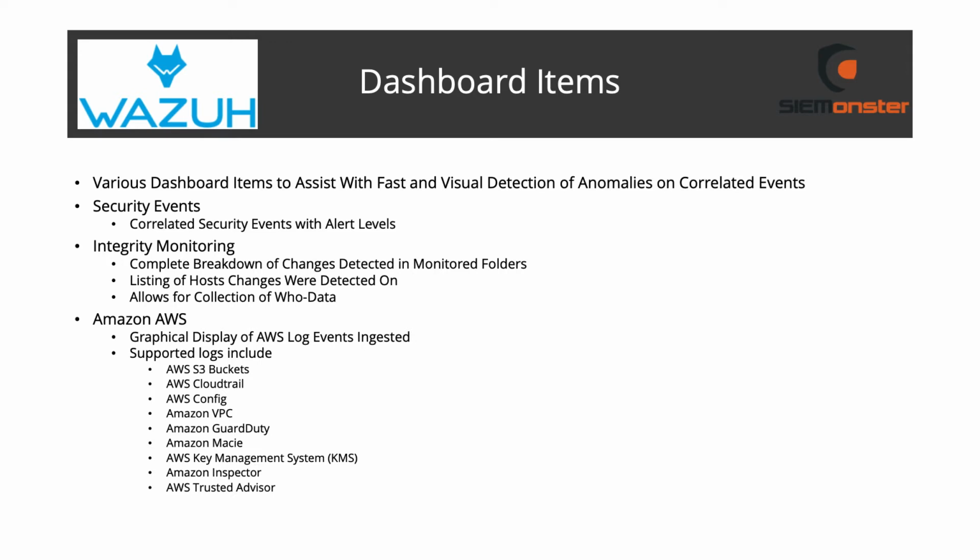On the security events dashboard, all events are correlated with alert levels, the definitions, the names of the rules, etc., to give clarity as to what is being represented there. From the integrity monitoring side, it gives you a complete breakdown of all the detected changes in monitored folders, registry settings, etc. It also provides a listing of the hosts the changes were detected on.